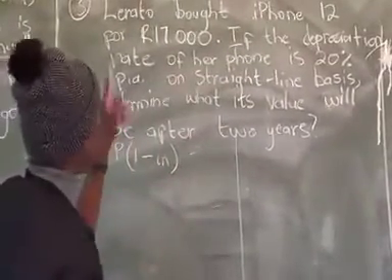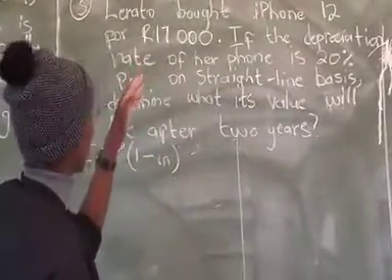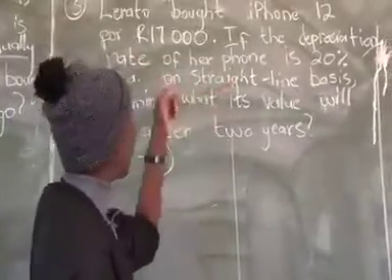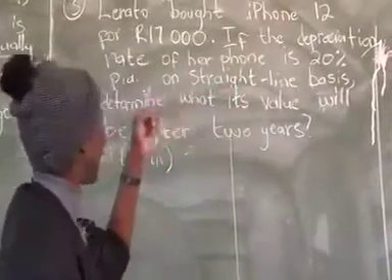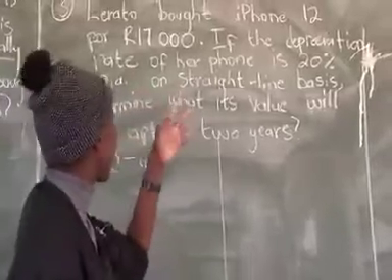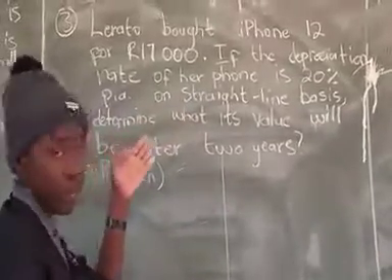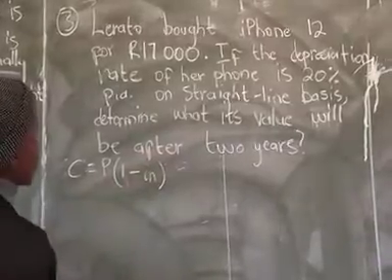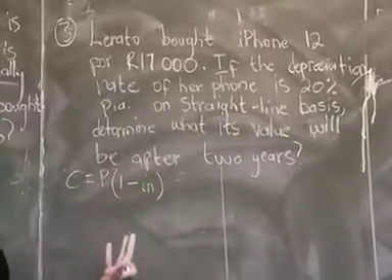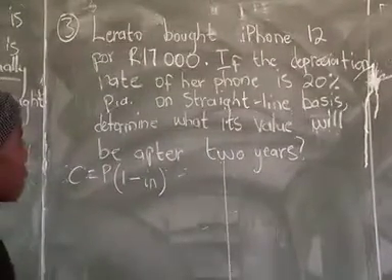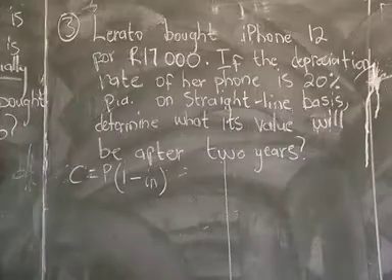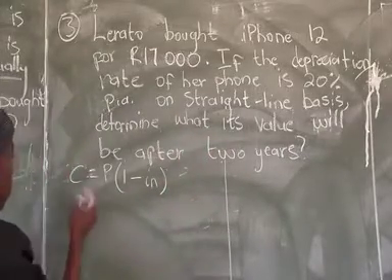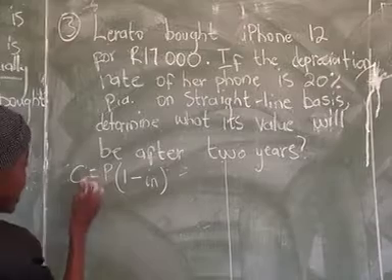Let me just read this question again. Lerato bought an iPhone 12 for 17,000. If the depreciation rate of the phone is 20% per annum on straight line basis, determine what its value will be after 2 years. So we are just trying to calculate C, the carrying value.